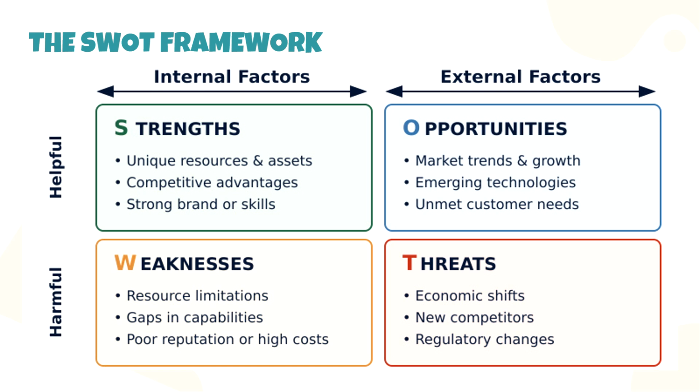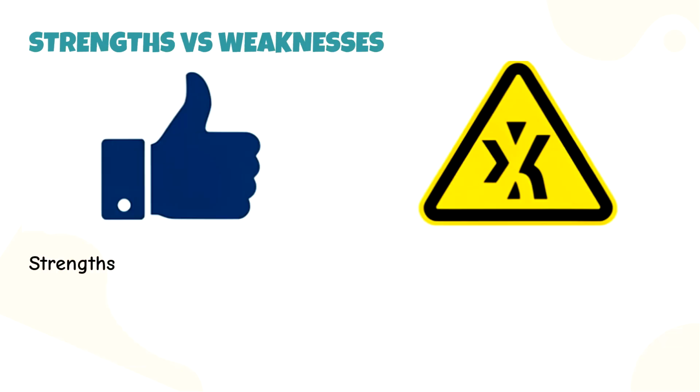Okay, so if we have a look at the internal and external factors, the strengths and the opportunities are helpful for a business, whereas the weaknesses and the threats are harmful for a business. So if we are analyzing, we need to try and find patterns between the four factors in the SWOT framework.